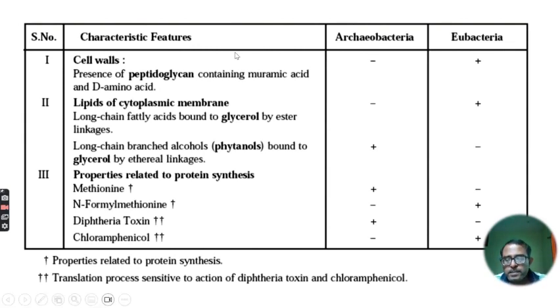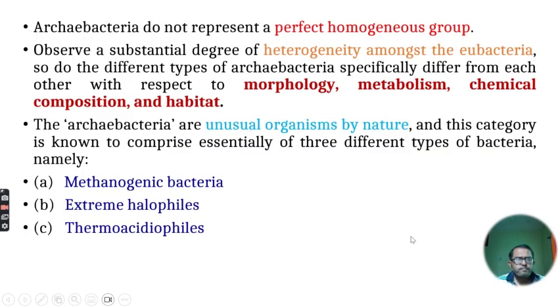Now, in this class, we are going to study the general characteristics of Archaebacteria. This Archaebacteria is not a perfect homogeneous group. But in case of Eubacteria, you can observe there are heterogeneous groups.